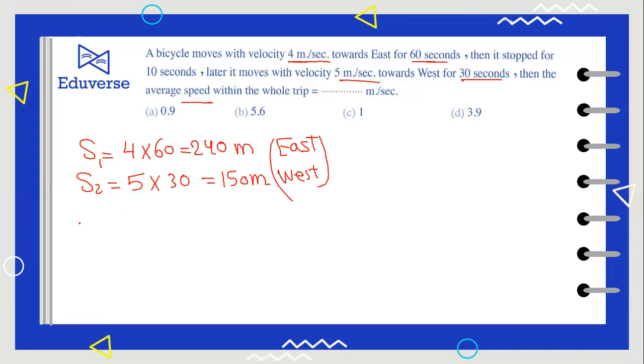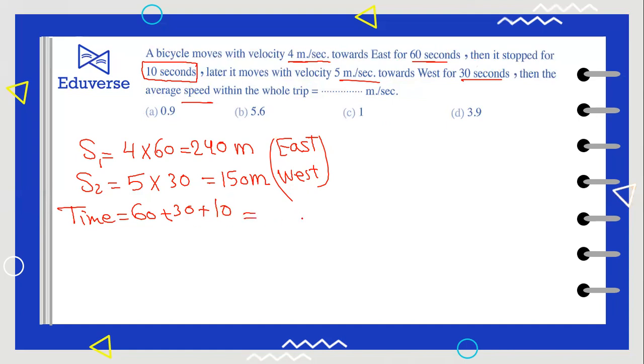Okay, total time. First motion in 60 seconds and second motion in 30 seconds, but don't forget we have a 10 seconds stop between the two motions. Don't forget it. It's important.